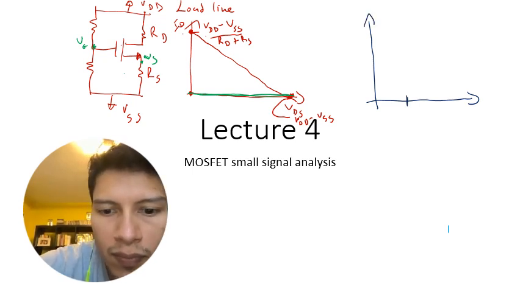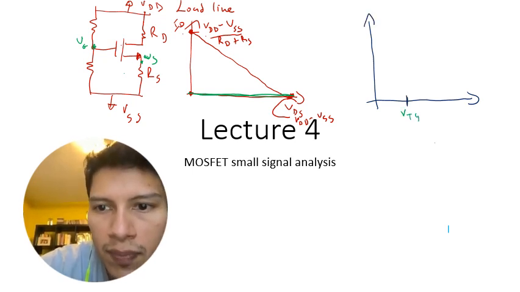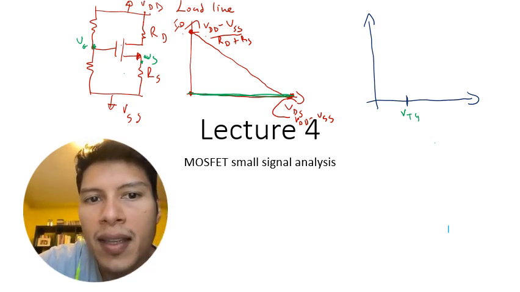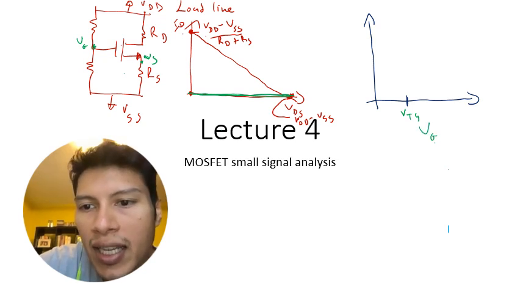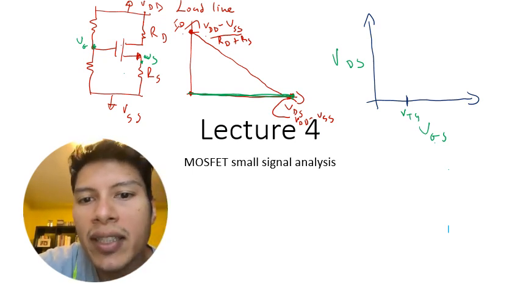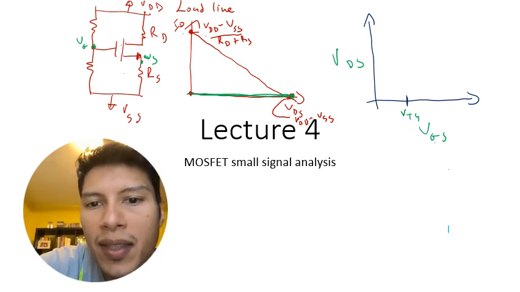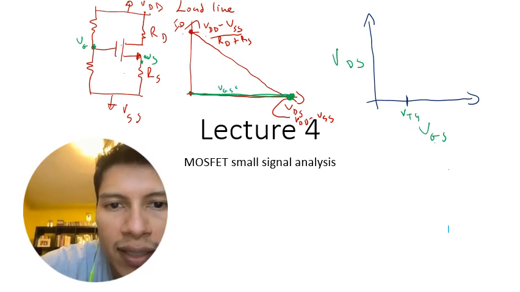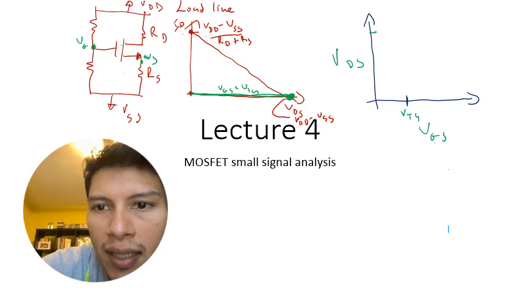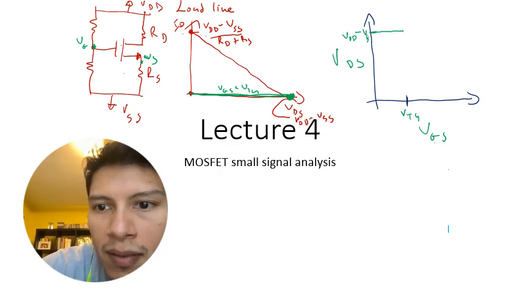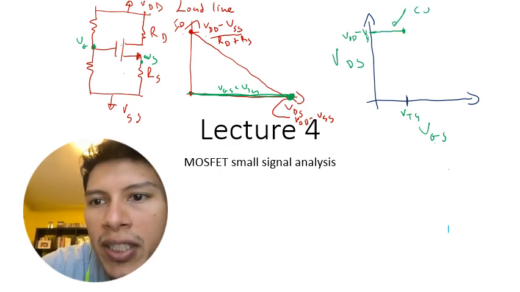We said if VGS was less than V threshold, in that particular case, so this is VGS and this is VDS, ID would be 0. That meant that the operating point is here. This is VS less than V threshold, and then this is what VS is. This is VDD minus VS. This is our cutoff region.